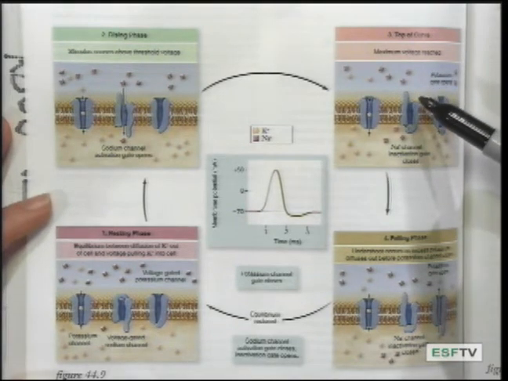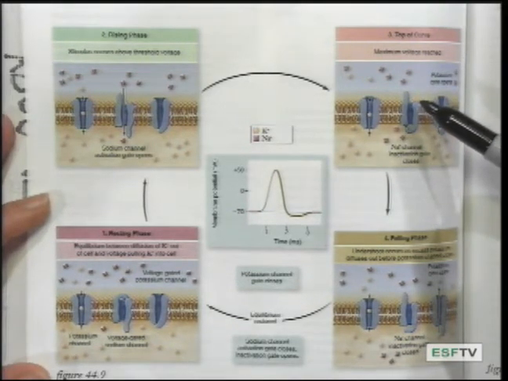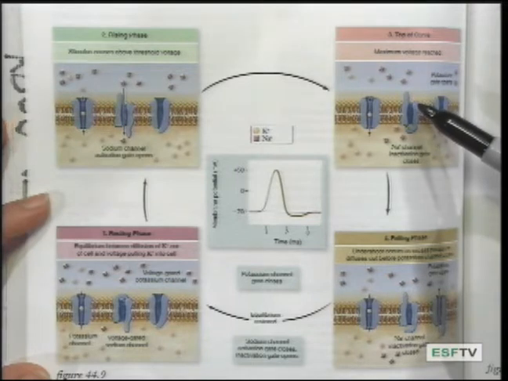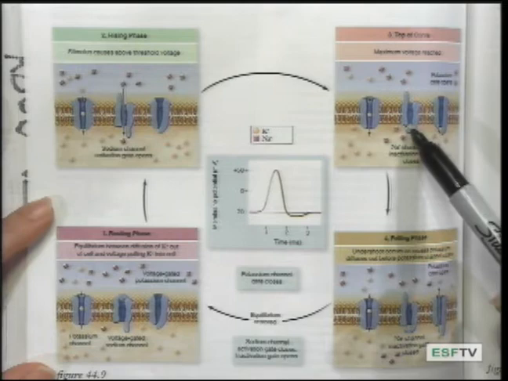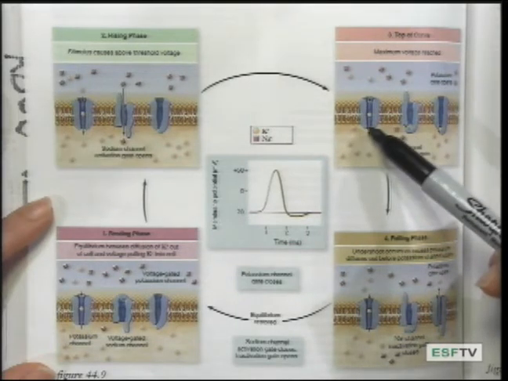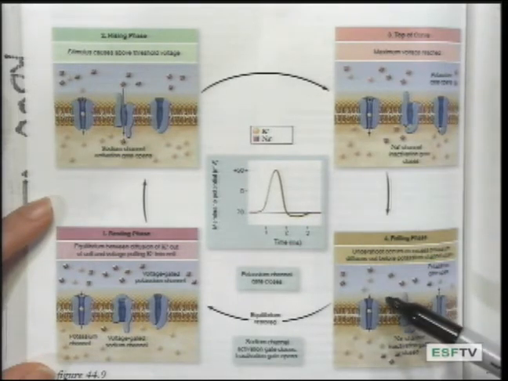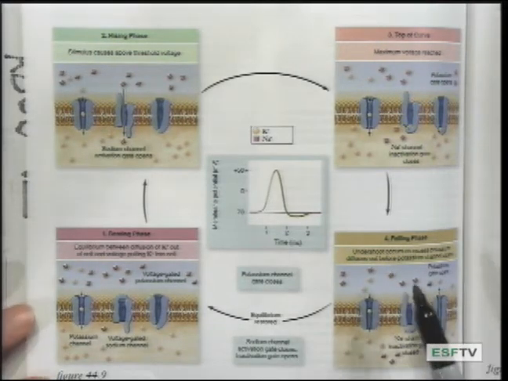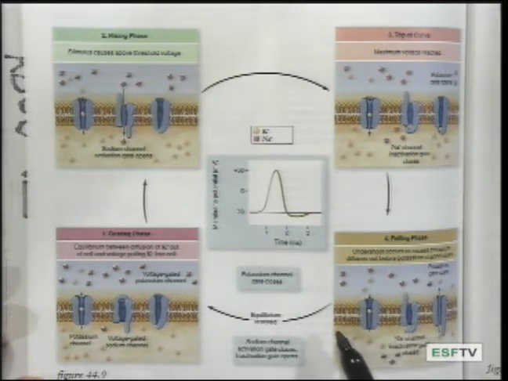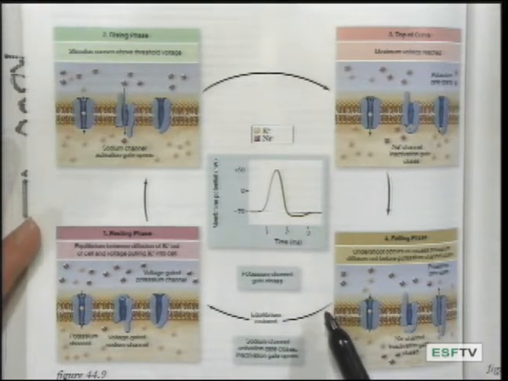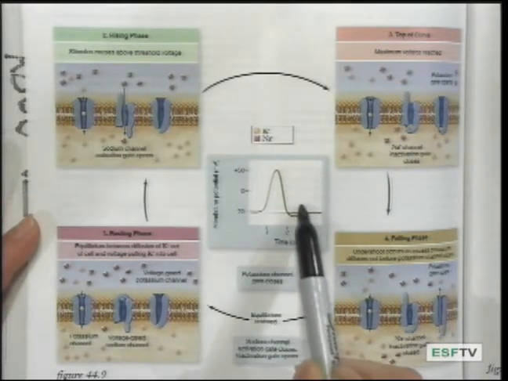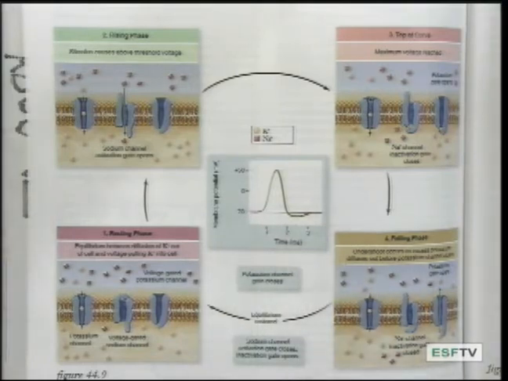At some point, you'll get the opening of potassium channels and the closing of those sodium channels. So here's the sodium channels closing and the potassium channels opening. During the falling phase, you'll get the potassium channels also closing, but they close a little later than what is necessary, which leads to what is called an undershoot phase. So that's where you get this little undershoot line here.